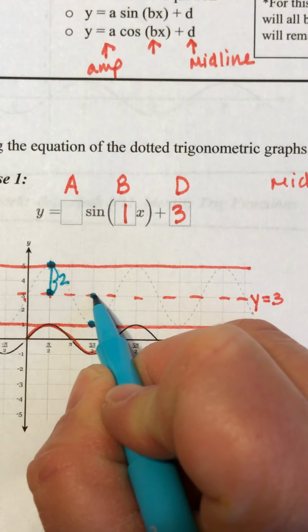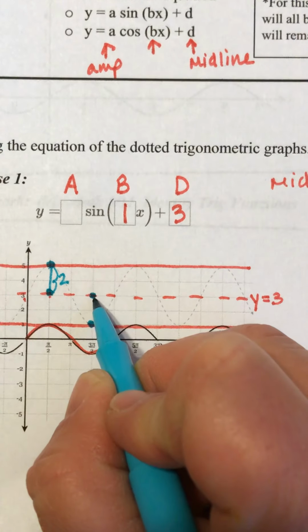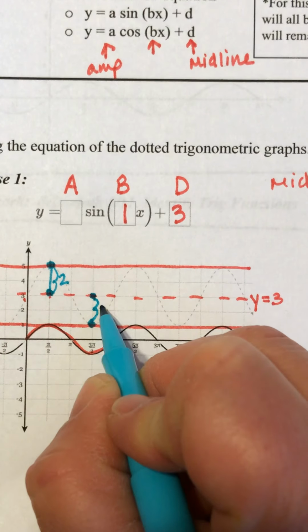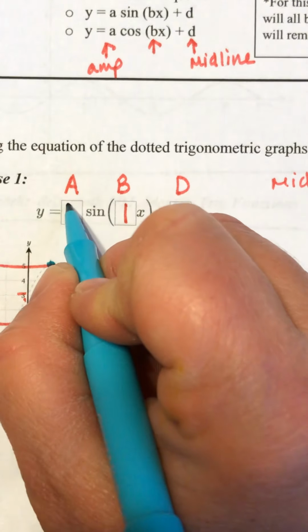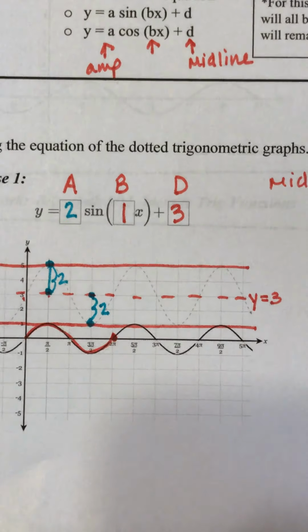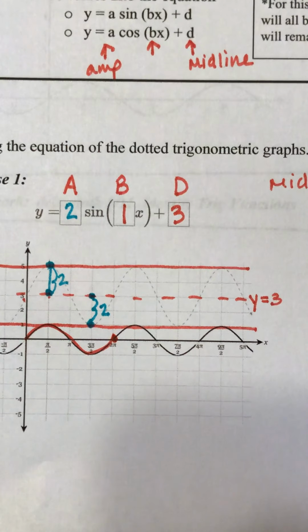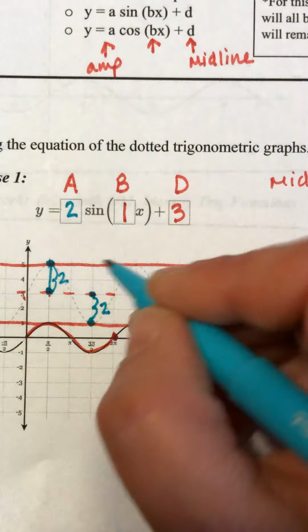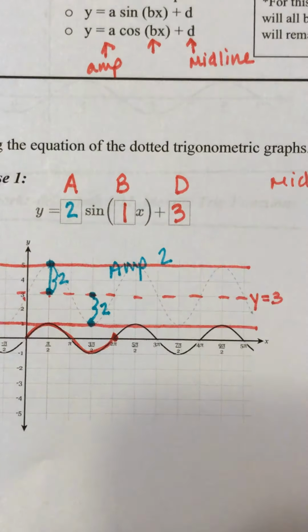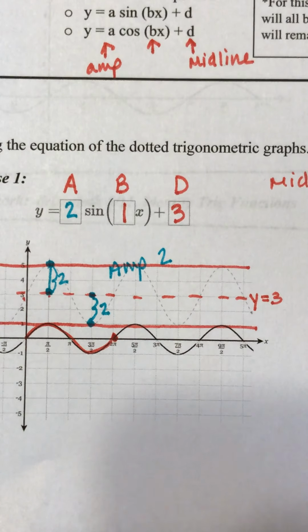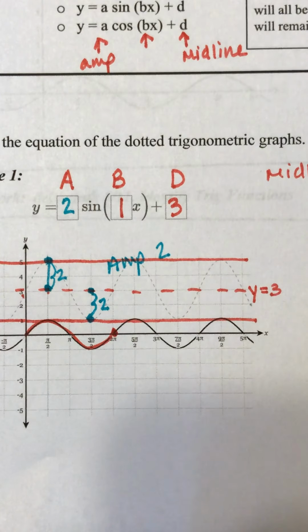What is the distance from the minimum to the midline? 1, 2. Okay? So the amplitude is 2, because amplitude is defined by the distance between the midline and the max, or the midline and the minimum. So my amplitude is 2. And that's it. Let's do a couple more examples.